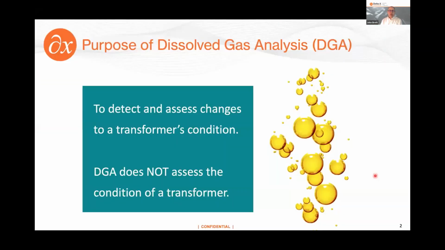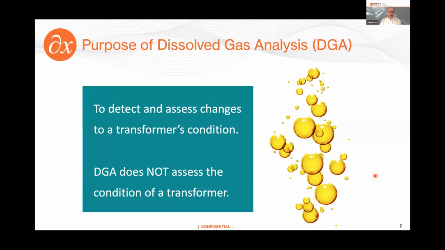Now, just get back to first principles here. What's the purpose of DGA? Well, it detects and can assess changes to a transformer's condition. It's the change that's being assessed. DGA cannot assess the condition of a transformer.